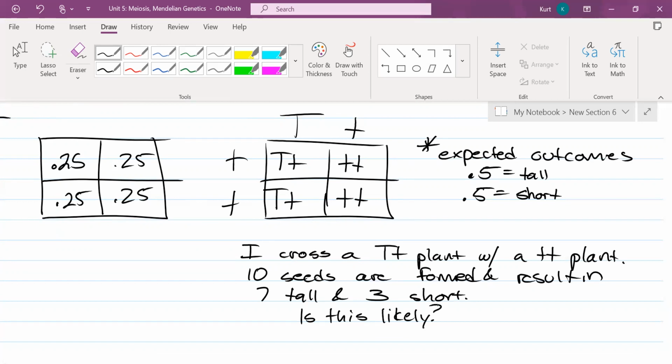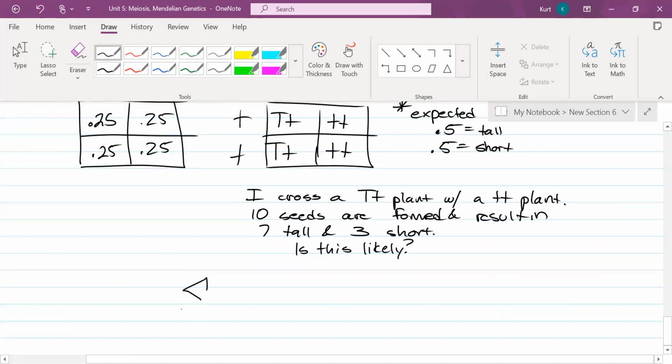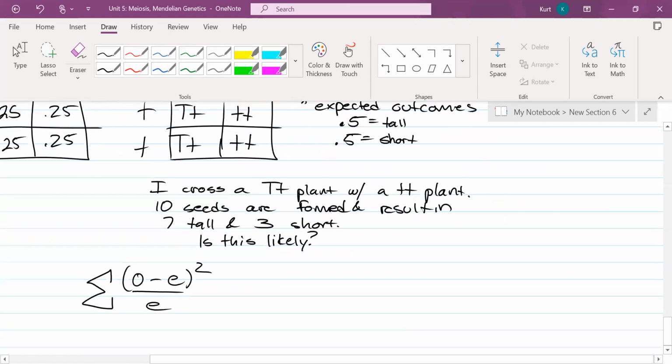So what you need to do is you need to do the whole chi-squared equation. So chi-squared is the summation of observed minus expected squared over expected. So let's do the tall individuals first. Observed, how many did I have? 7. Expected, how many would I get?